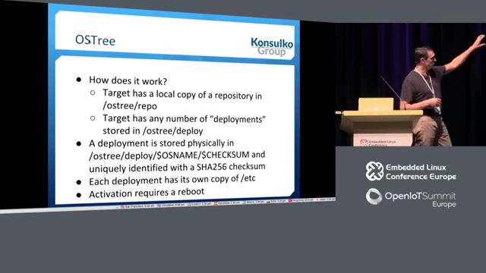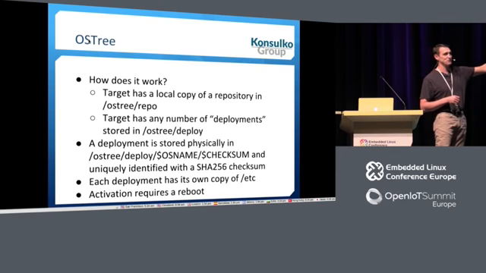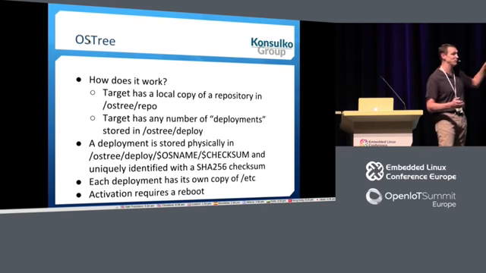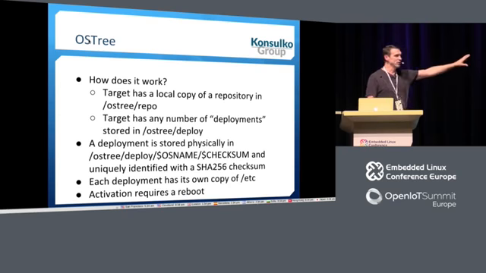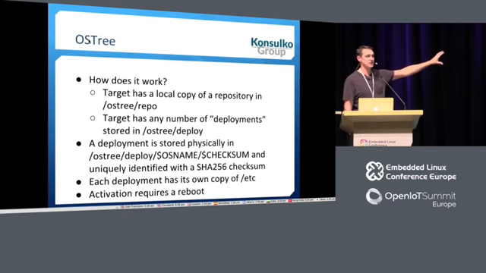So when you deploy, you've got all these different checksums, so it's multiple root file systems. It could be just one, it could be two to have one to fall back on, or it could be n number of these. Each of those will have their own copy of etc that's persistent. So you have to manage that in between, right, if you're doing an upgrade.